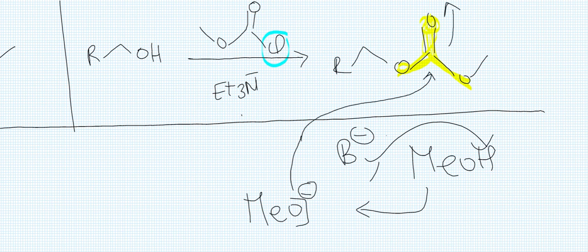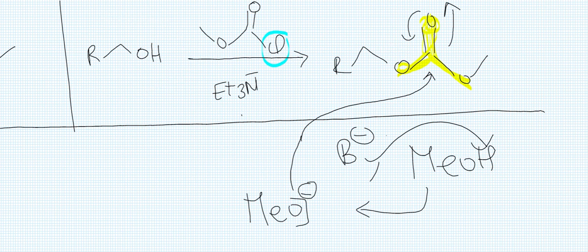We have a nucleophilic addition followed by an elimination. So what are we going to eliminate? We're going to eliminate the alcohol, our starting molecule. So here is another way to deprotect the alcohol when we protect it as a carbonate.